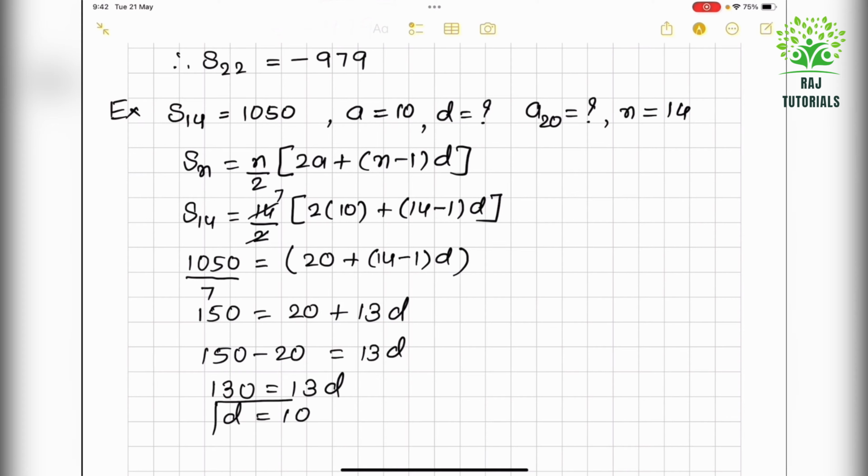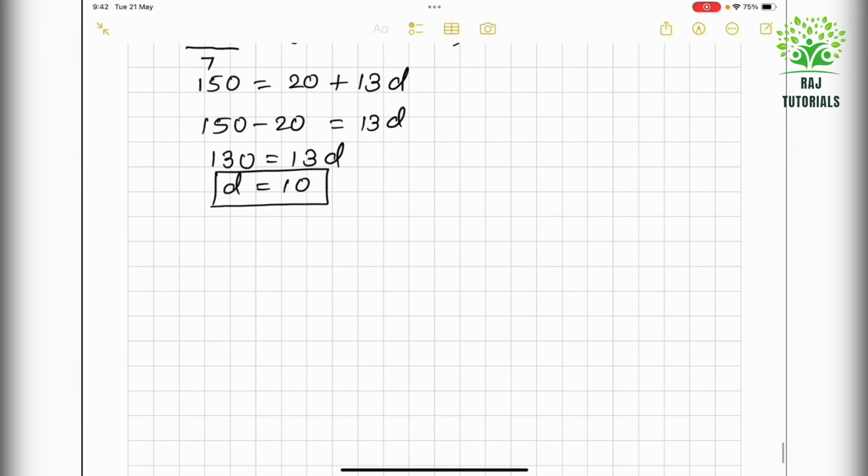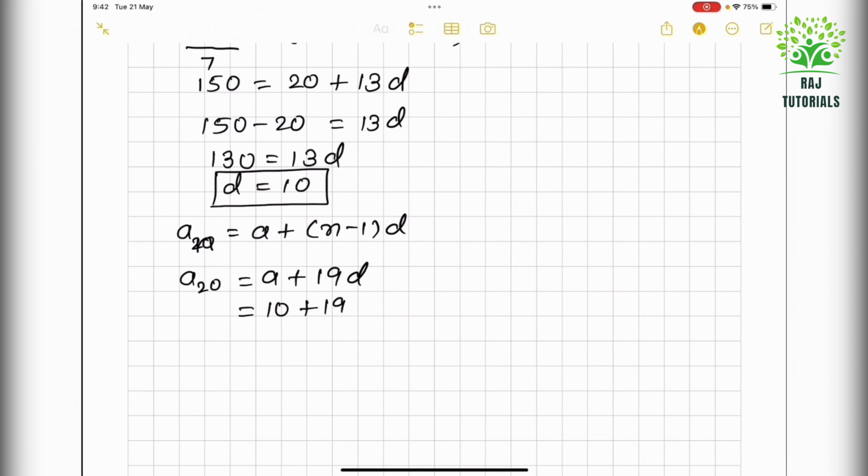So, d equal to 10. 130 divided by 13 will be 10. a20 will be a plus 19d. So, a was 10, plus 19 into 10. So, 10 plus 190, so 200. Therefore, a20 is 200.